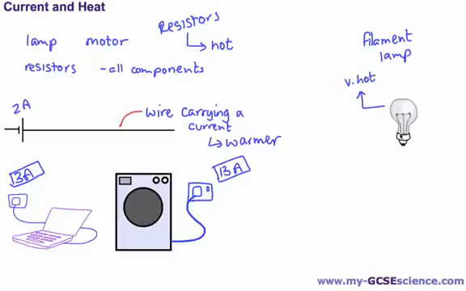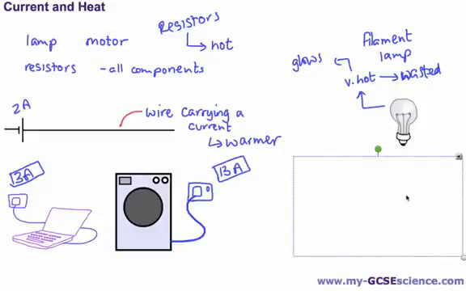The filament is very thin, the current flowing through it makes it get very hot. In actual fact, it's designed to get very hot because when it gets very hot it glows, and that's what produces our light. Unfortunately, that heat, however, is wasted. That heat is wasted to the environment, so this lamp here is not very efficient.